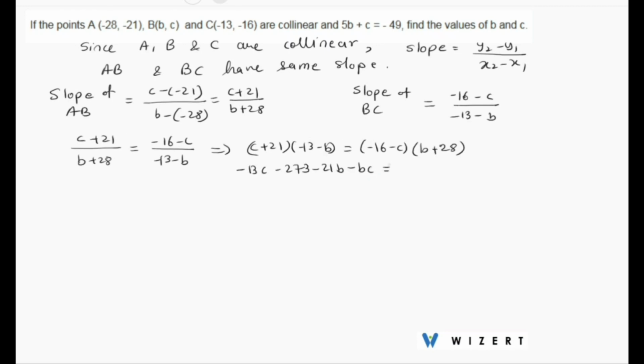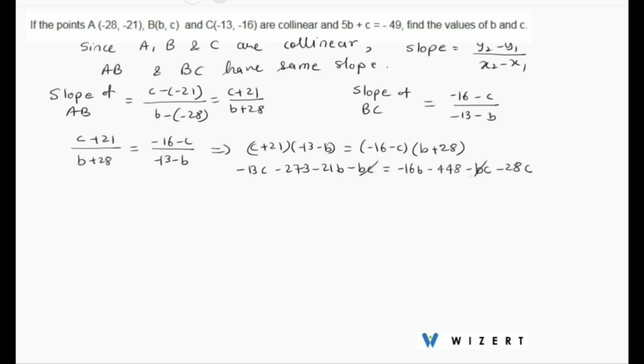All of this should be equal to, let's see, minus 16b. Minus 16 into 28 is, 16 eights are 128, 16 twos are 32 plus 12 is 44, so minus 448. Then we get minus bc, then we get minus 28c.